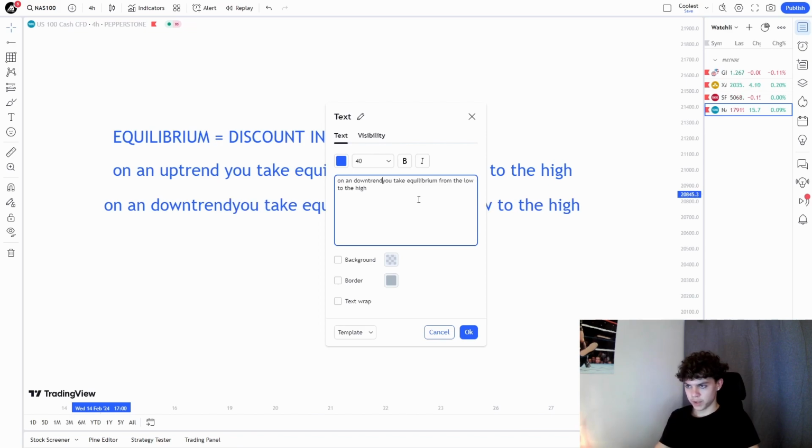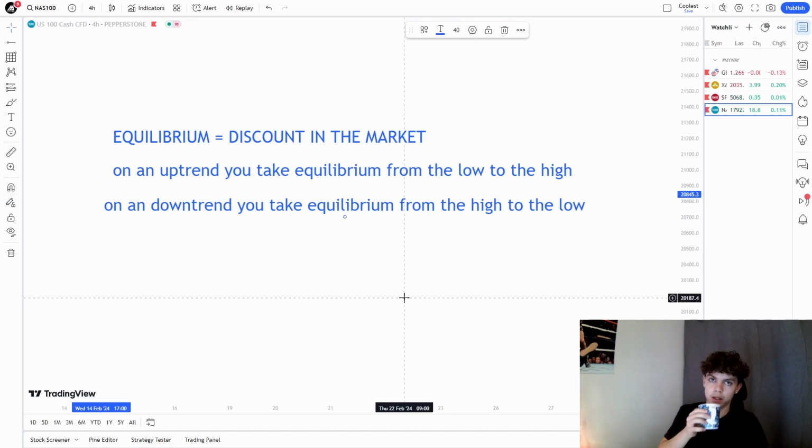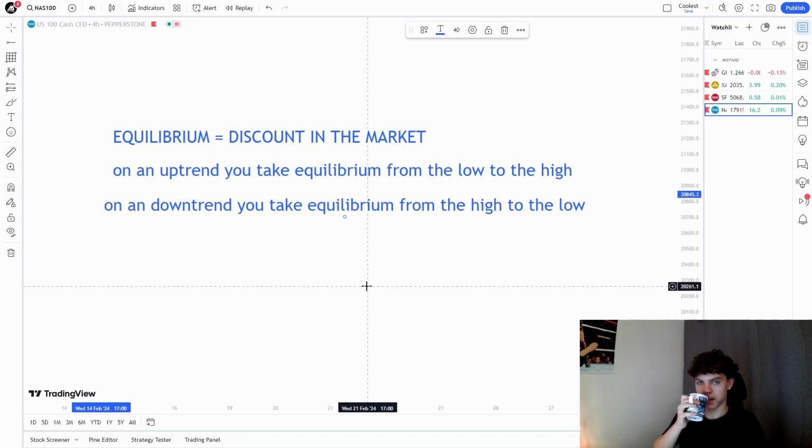But on a downtrend, you take equilibrium from the high to the low. Makes sense, right? Because the banks want to sell high, so they take it from the high to the low. On an uptrend, they want to buy, but they want to buy low, so they take it from the low to the high. Comes back to the 50%, boom, continues in direction. Usually. That's why I like to use many confluences so I can increase the odds.